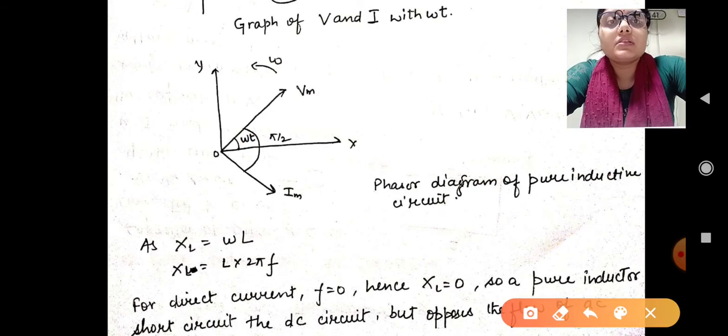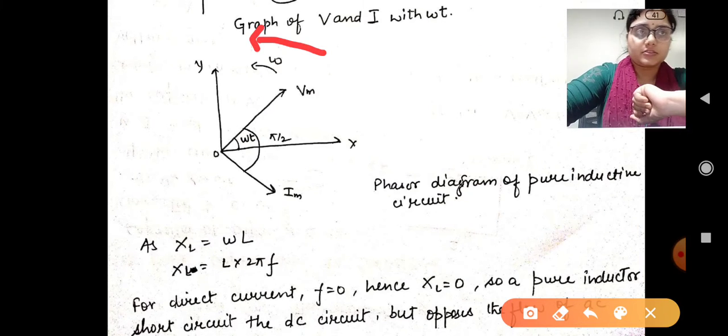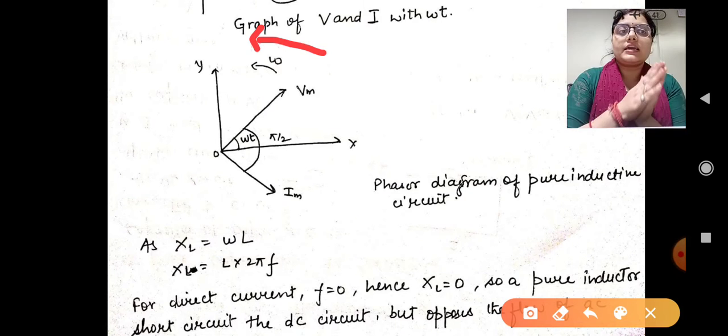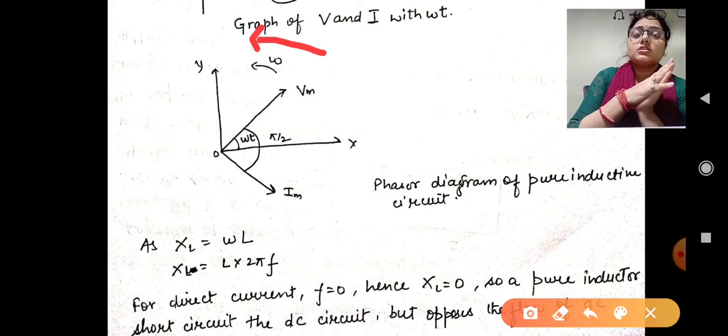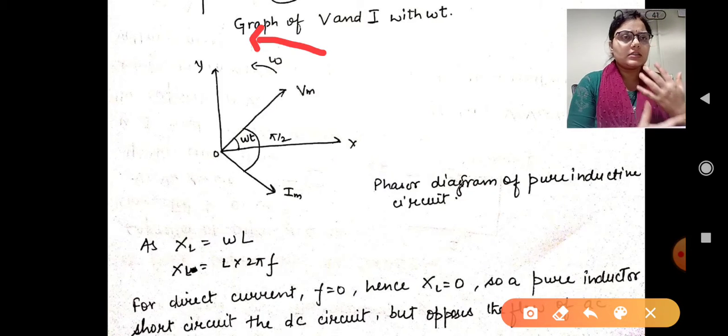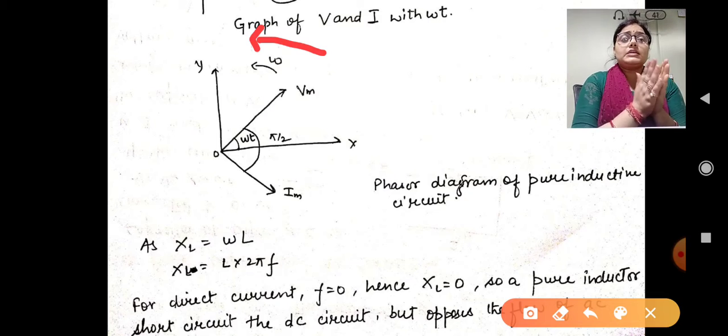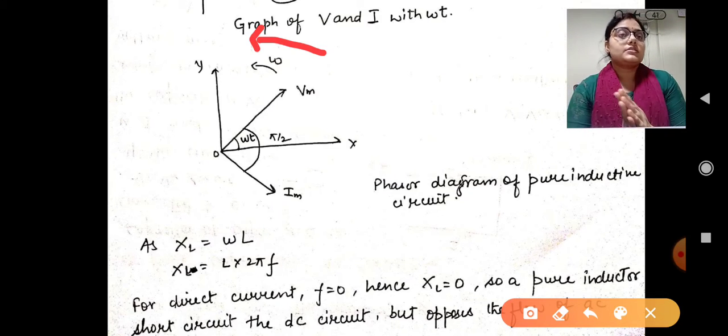It is moving with the value of angular velocity omega in the anti-clockwise direction. Clear? Okay. So I hope that with this phasor diagram you can easily get the point of what the minus 90 degree is doing here. Here the value of the current is 90 degree lag behind. Clear?